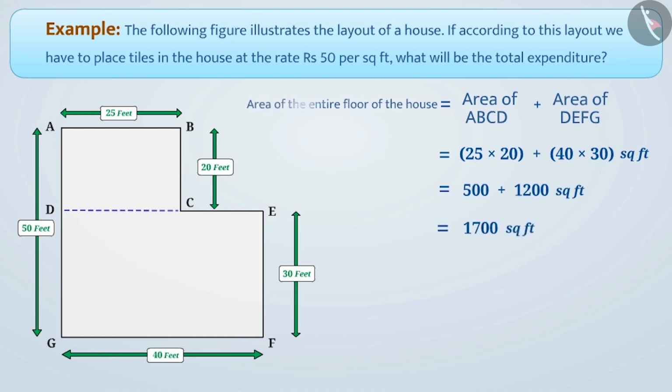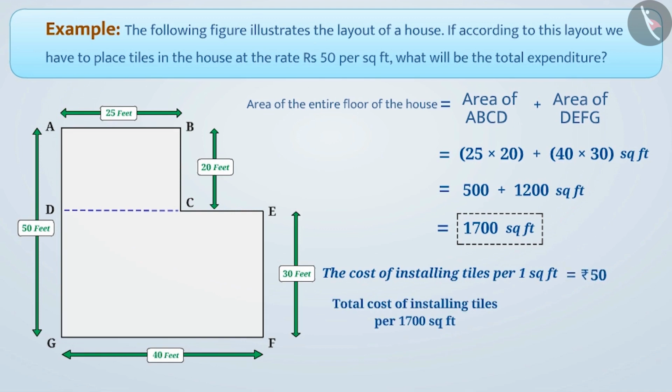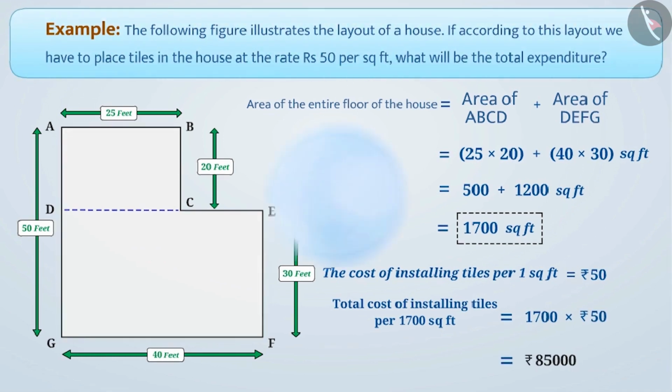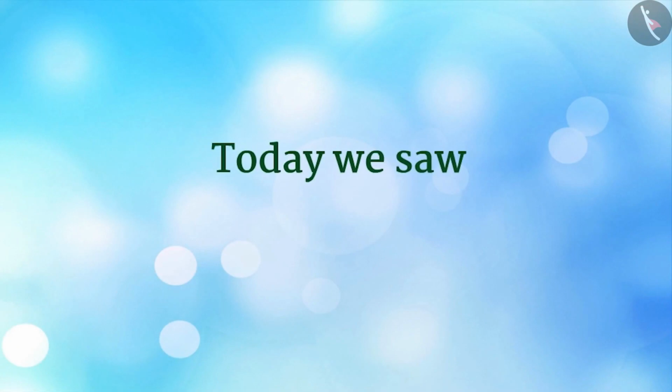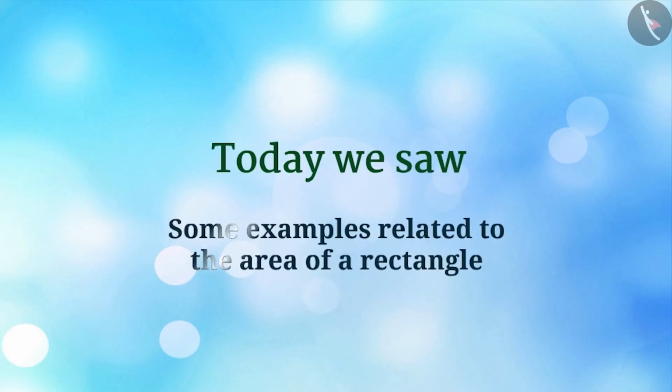Since the area of the entire floor of the house is 1700 square feet, and the cost of installing tiles per square feet is rupees 50, the total cost of installing tiles for 1700 square feet will be 1700 multiplied by 50 is equal to rupees 85,000. This is the answer to the given question. So today, we saw some examples related to the area of a rectangle.